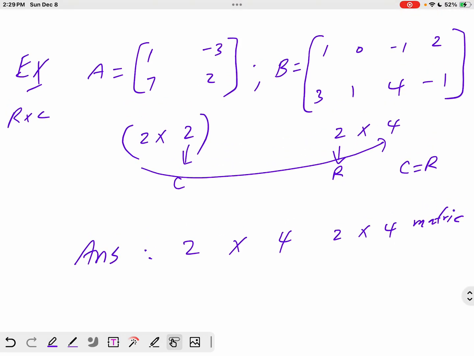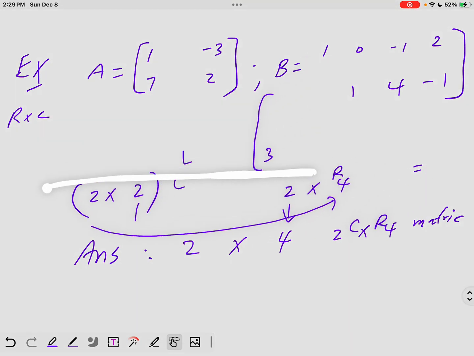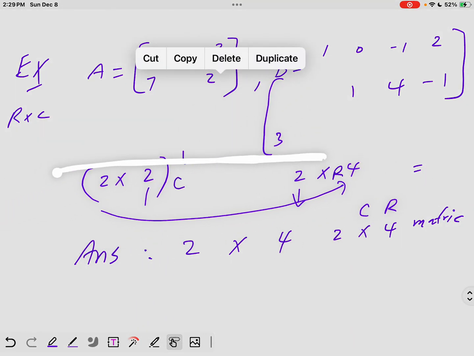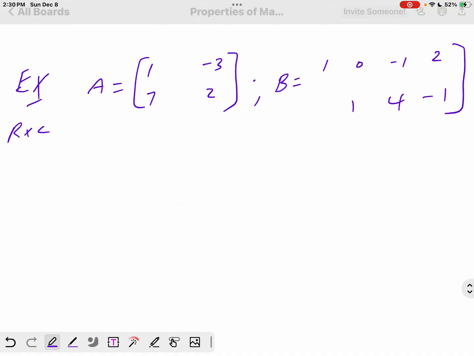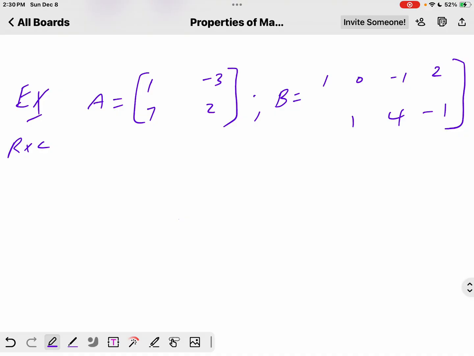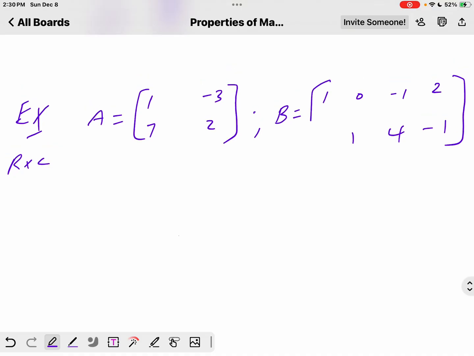Okay, let's do it. So it's possible, and we already know it's going to have 2 rows and 4 columns.